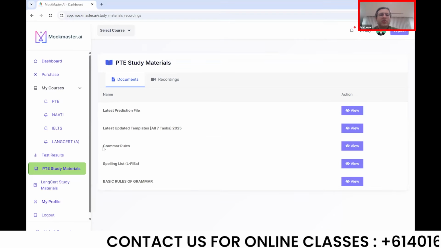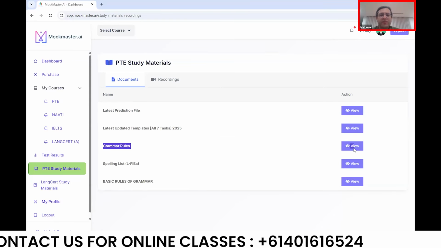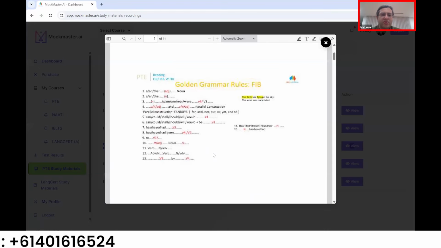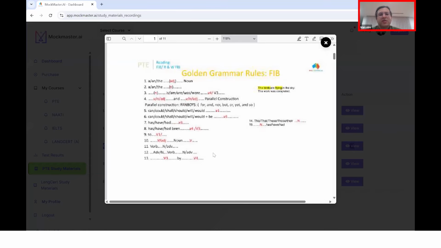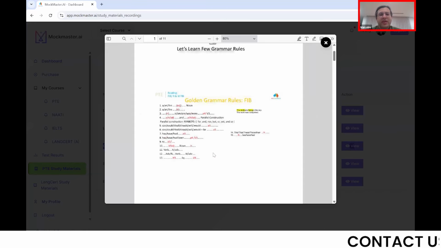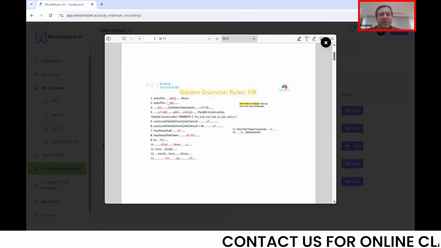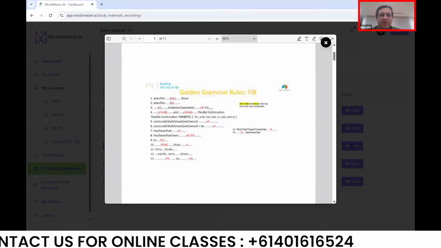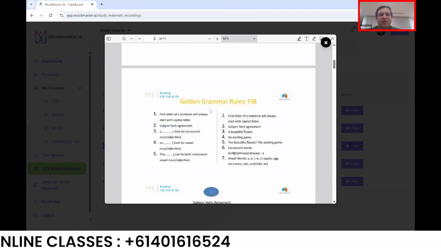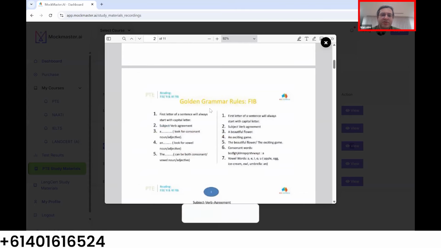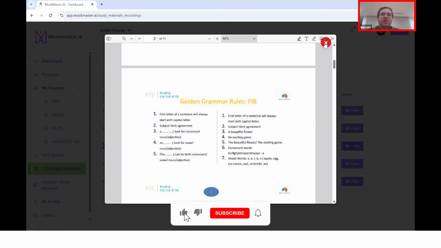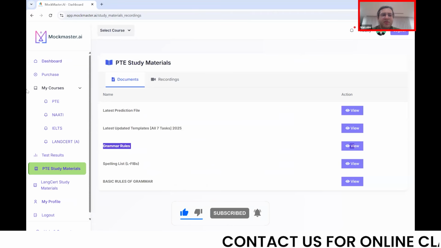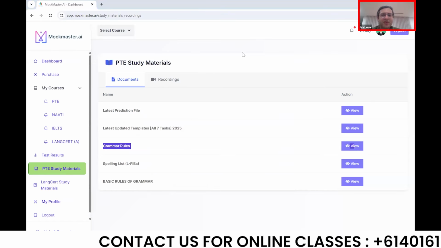So, here we do have one document in the portal which explains a lot of important rules of grammar. Here, if you see, ADJ means adjective, N means noun, V means verb, V3 means the third form of the verb. And then there are some examples also which are given. So very quickly, if I want to teach it, let's start.